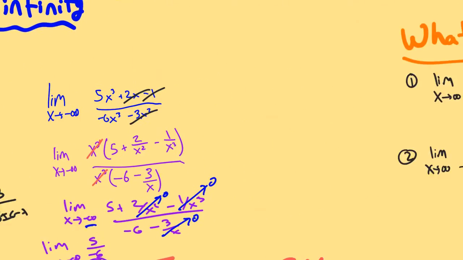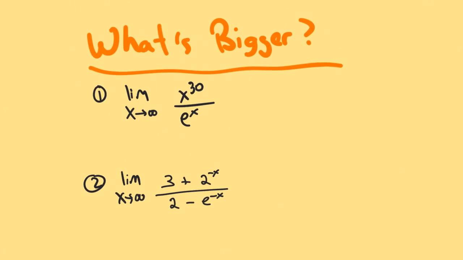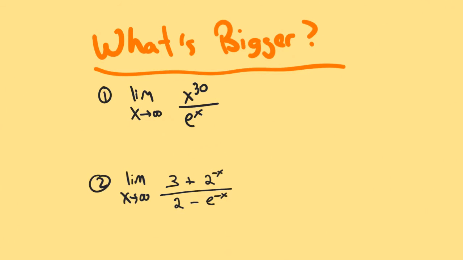Okay, let's play a little game of what's bigger. So sometimes when we're looking at limits at infinity, it's not rational functions. We have to be thinking more about what is actually happening as x gets really, really big. So in number 1 here, we've got x to the 30th over e to the x. It's basically what gets bigger faster. Are we going to have big over small, or are we going to have small over big?